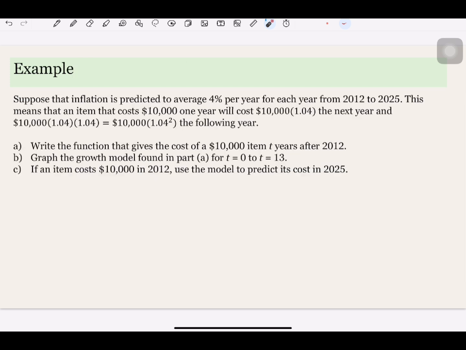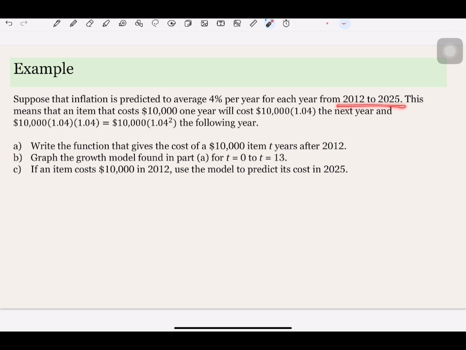In this example, we are looking at a real world example of exponential growth, which is about inflation. If you want, you can pause the video for a few seconds and read the problem. Suppose inflation is predicted at an average of 4% per year from 2012 to 2025.